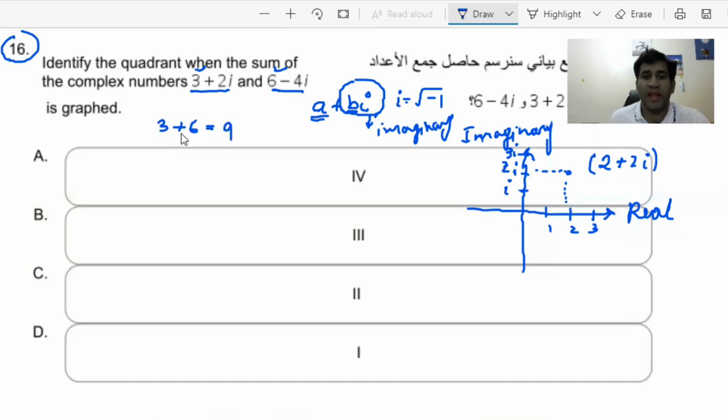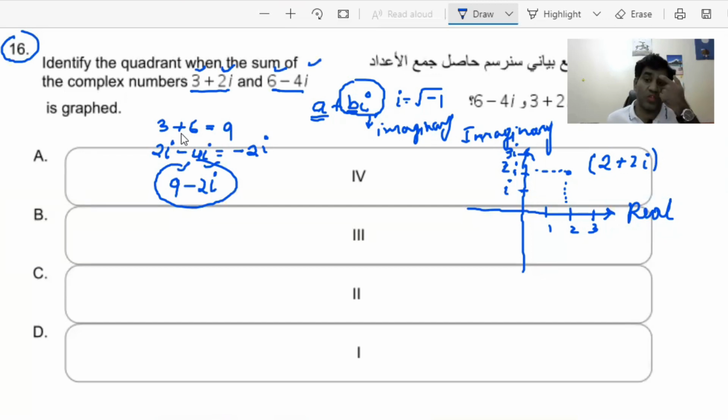Add the like terms 2i and negative 4i: the result is negative 2i. So after adding, the result is 9 minus 2i. The real number is positive and the imaginary number is negative.